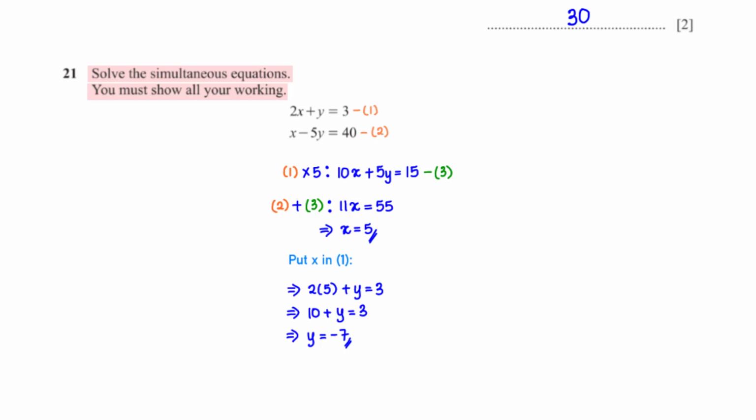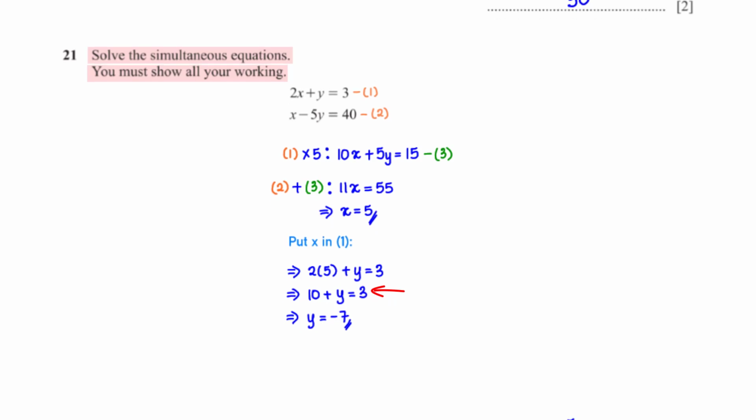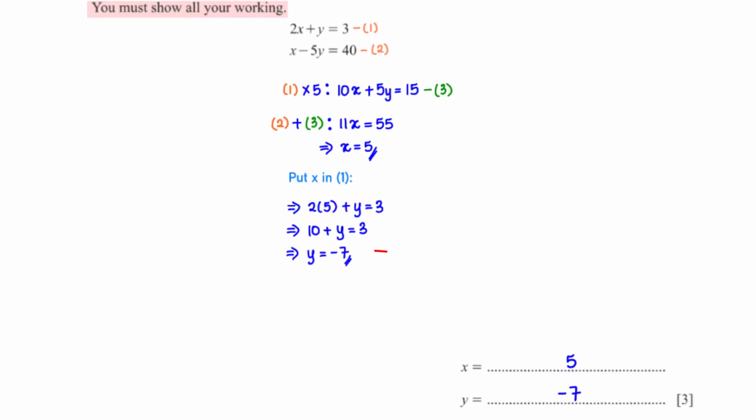To get the value of y, we can plug in the value of x into any of the equations. If we pick equation 1, we have 2 times 5 plus y equals 3. 2 times 5 is 10. When we subtract 10 from both sides, we have y equals -7.